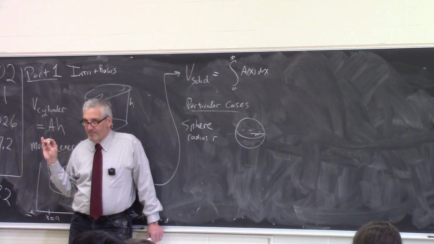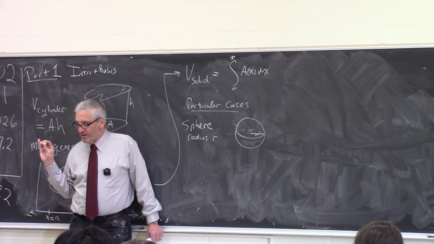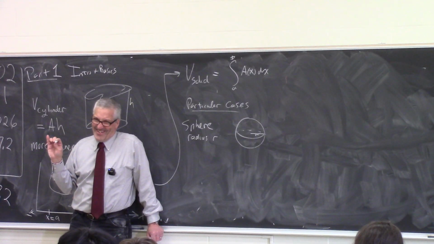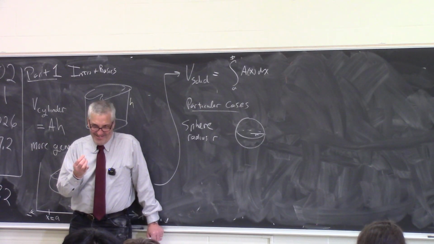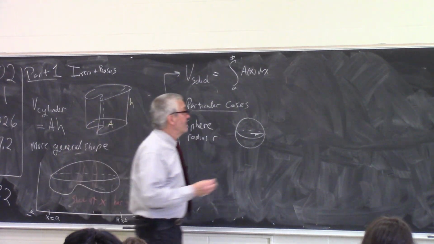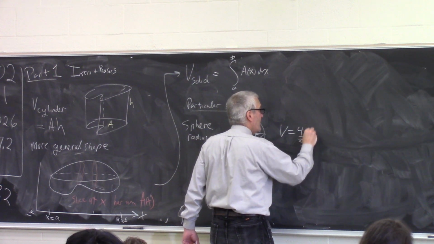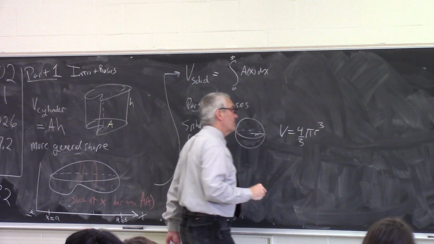Is it like 4/3 pi squared? You can't say "like" though. Is it like that or is it that? 4/3 pi squared. Are you sure? No. 4/3 pi r cubed. Oh, right. Yeah, 4/3 pi r cubed. V equals 4/3 pi r cubed. It's got to be a cube because it's volume.